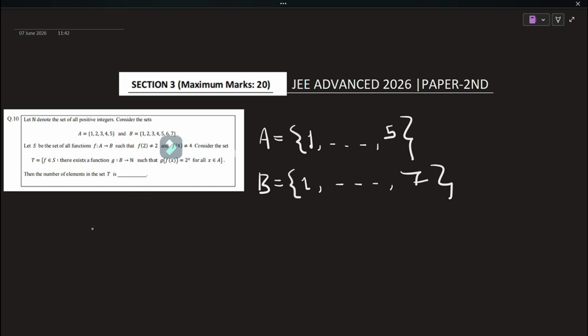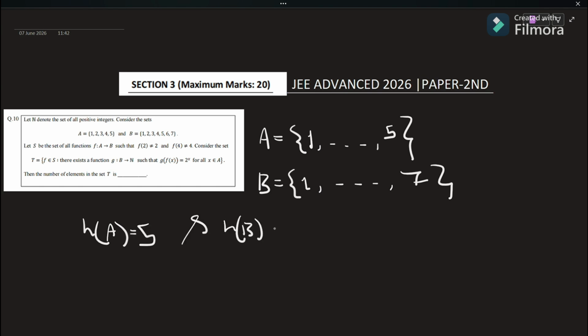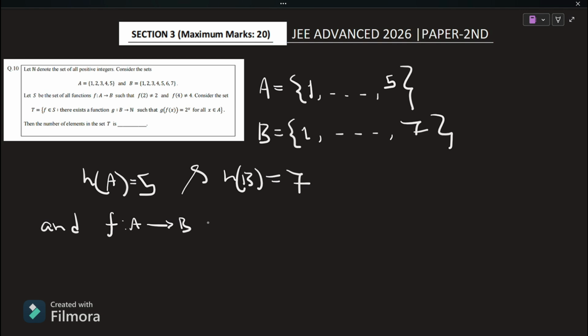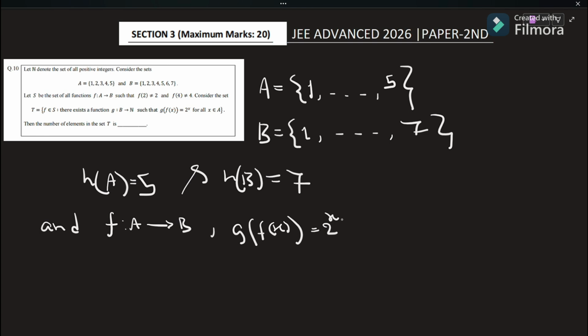The number of elements in set A is 5, and the number of elements in set B is 7. You can see the function f is from A to B, and given also g of f of x is 2 to the power x, for all x belongs to A.